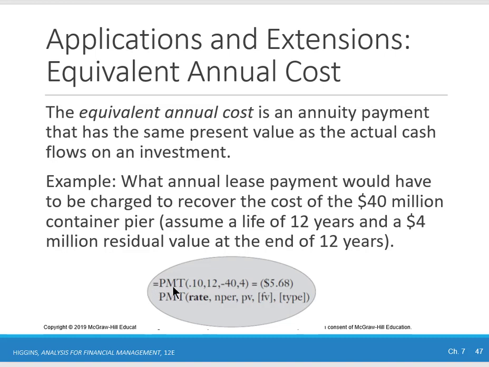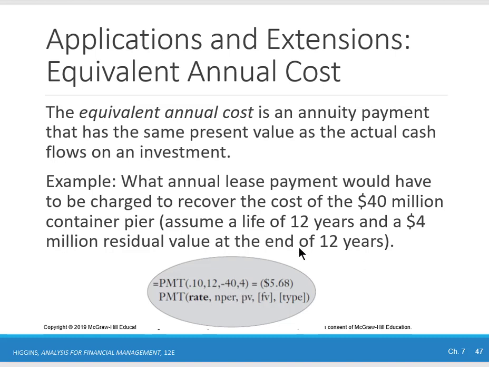And what we want to do is to convert these cash flows, the value, into an equal payment stream. So the annual rate's 10%. It's 12 years. We're assuming a 12-year life. It's going to cost $40 million.